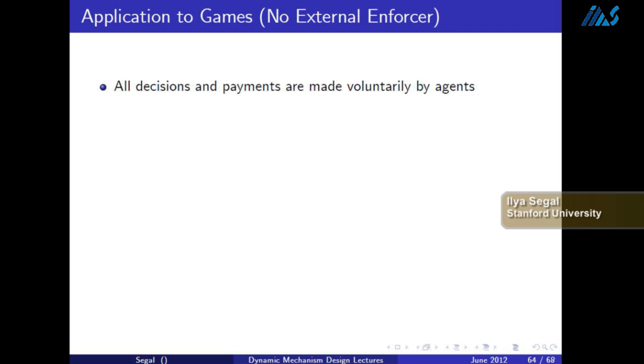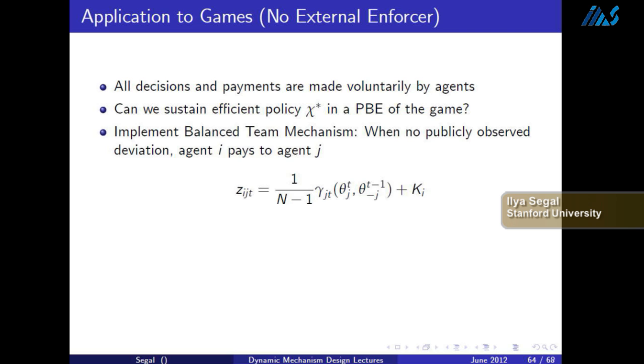In the game there's no enforcer, so all decisions will be made voluntarily by the agents, including the public decisions. Both public and private decisions will be made voluntarily, and the payments will also be made voluntarily by the agents to each other. The question is, can we sustain efficiency in a perfect Bayesian equilibrium?